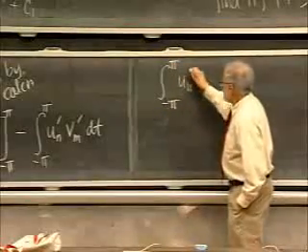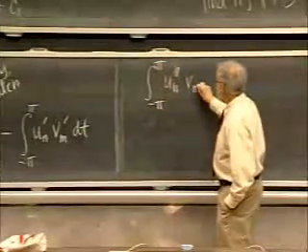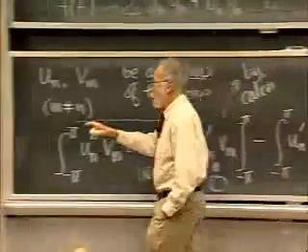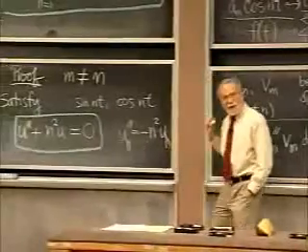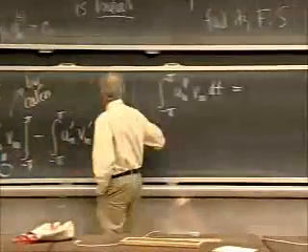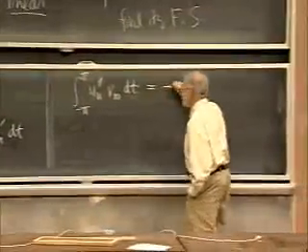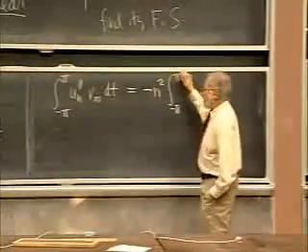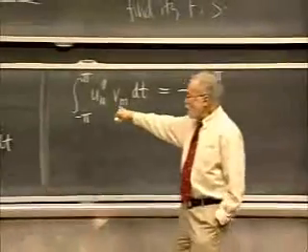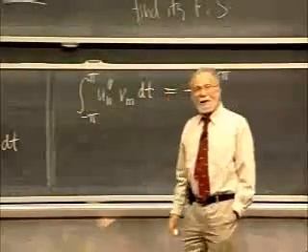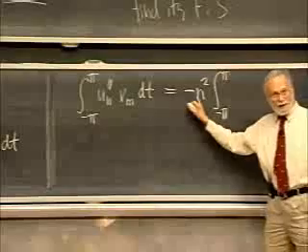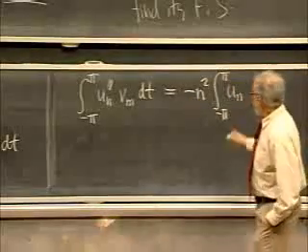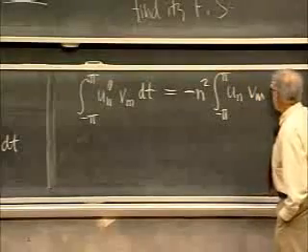The integral of u_n double prime v_m dt is equal to, well, u_n double prime, because it satisfies the differential equation, is equal to minus n squared u_n. So this is minus n squared times the integral from negative pi to pi. I pulled the minus n squared out, so it's u_n here, and the other factor is v_m dt.